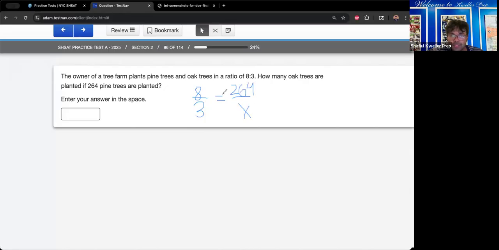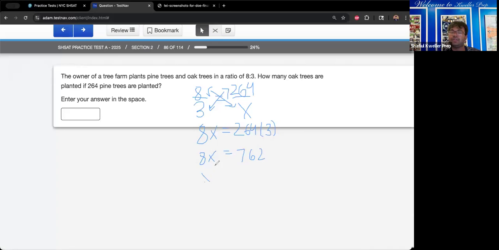We are solving for x. So you can do cross multiplication: 8x, which is 8 times x on the bottom, and then 264 times 3. 4 times 3 is 12, 60 times 3 is 180, 200 times 3 is 600, so 8x should be equal to 792.